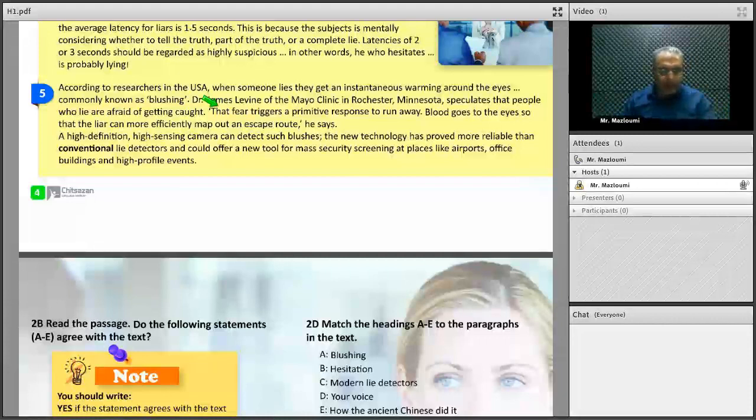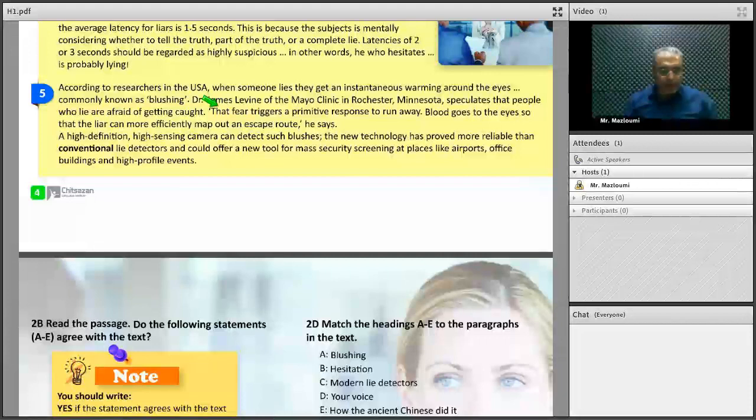So according to Dr. Levine, blood goes to the eye to help the liar plan an escape route.